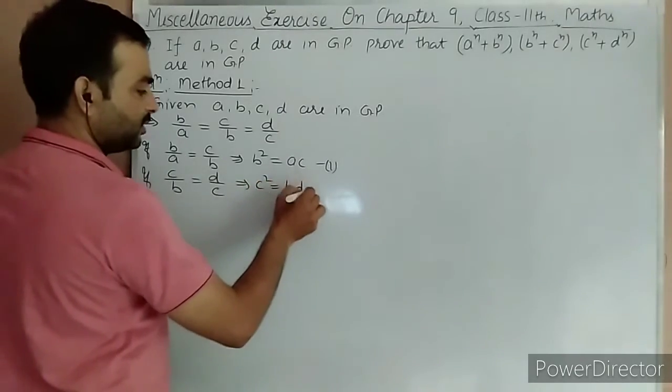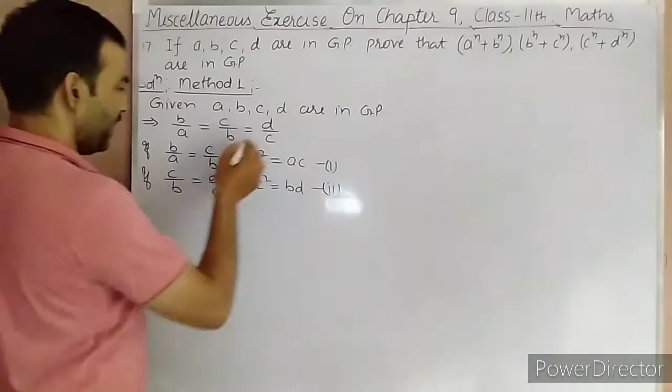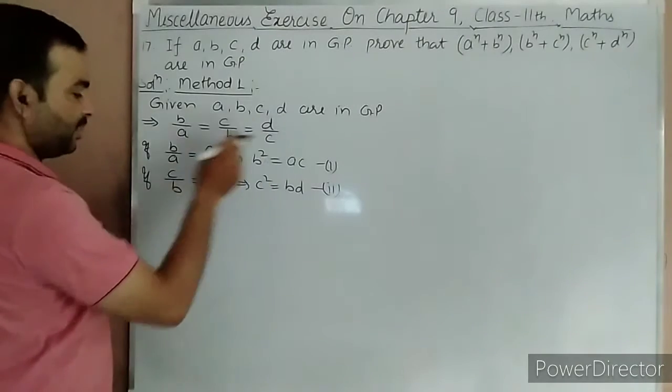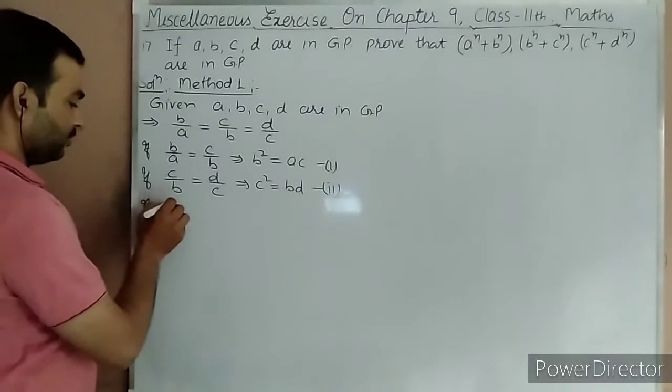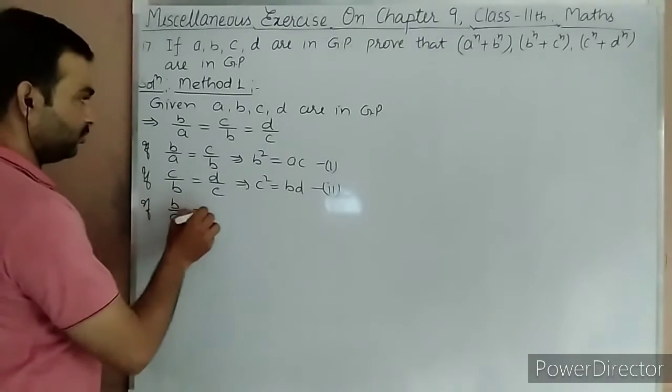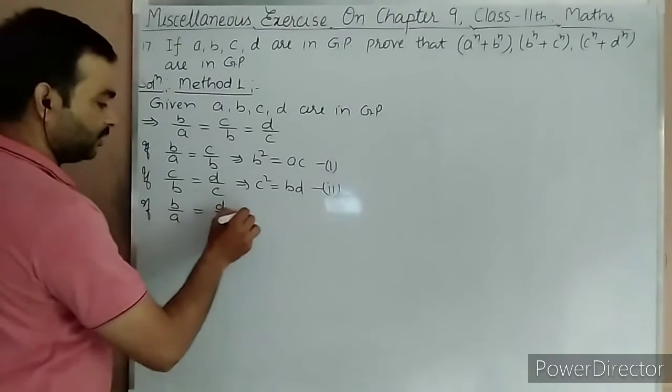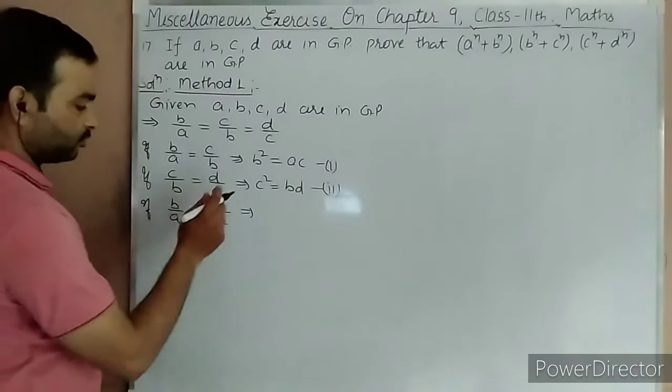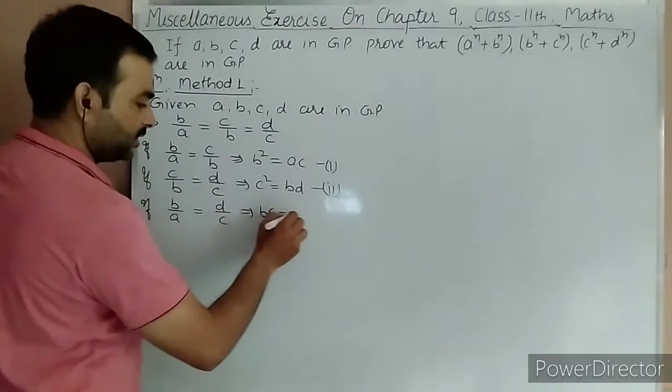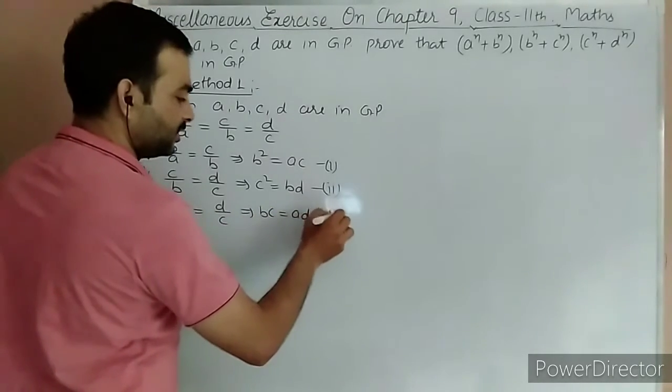This is the second condition. And if I take the first and third ratio equal, B by A is equal to D by C, then BC is equal to AD. This is the third condition.